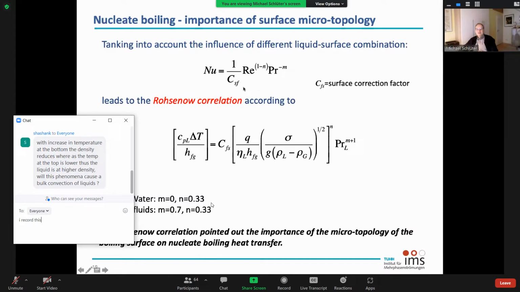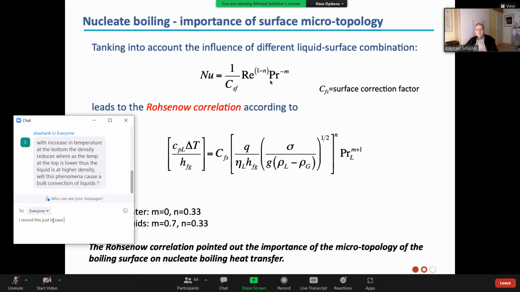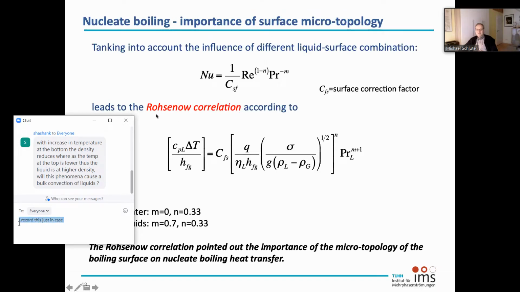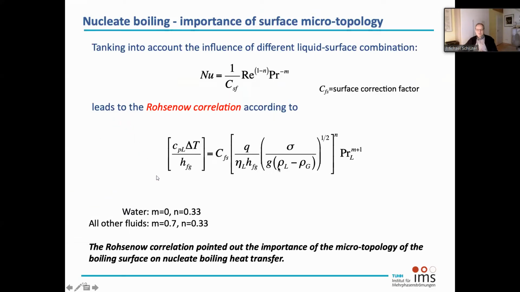Yeah, and now we can bring this together. We can come back to this equation, and we will find in literature a correlation that uses this correlation, and this is a so-called Rohsenow correlation. And the Rohsenow correlation looks like this. So you see here all the parameters we have just described. Here's the Reynolds number, Reynolds to the power of n, and here's the Prandtl number, Prandtl to the power of m.